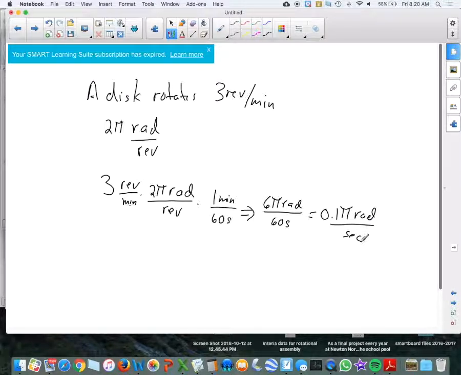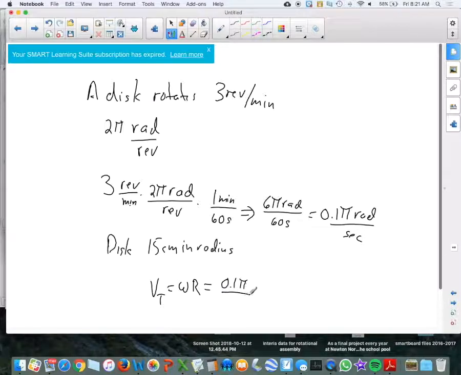And then if I were to ask you how fast a point was moving, if the disk is 15 centimeters in radius, then the tangential velocity would be omega times r, which would be 0.1 pi radians per second times 0.15 meters, and that would give you 0.015 pi meters per second. Is that clear?